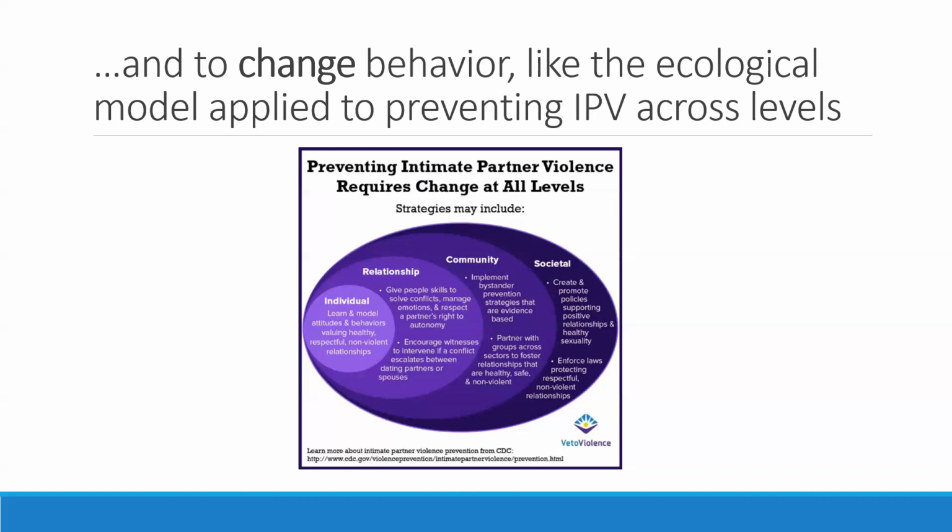And it talks about what is a healthy relationship, why is a healthy relationship important to economic, physical, and emotional health. How can we get more skills about how to communicate with our partner in ways that don't increase violence?